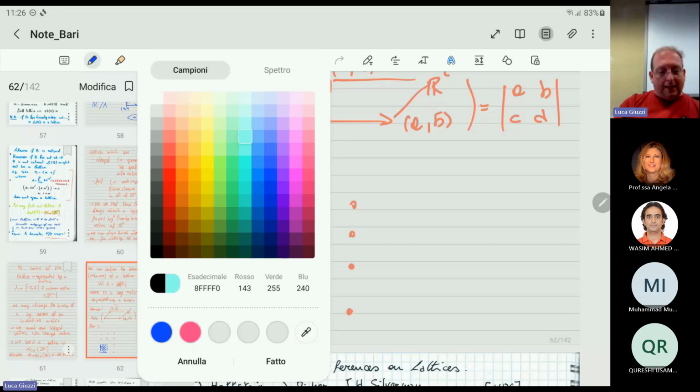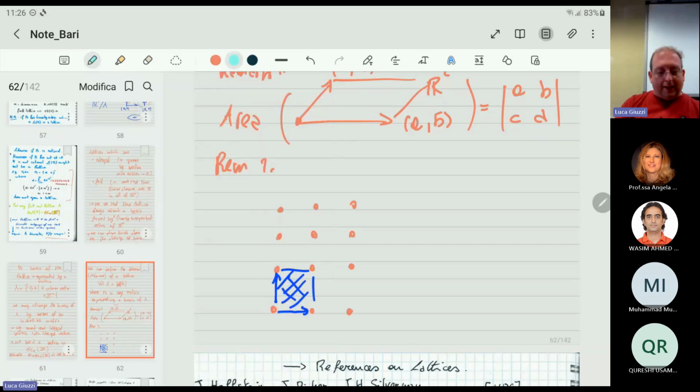But as I said before, in the case of lattices, we can also take different kinds of bases. For instance, we could take something like this as a basis.